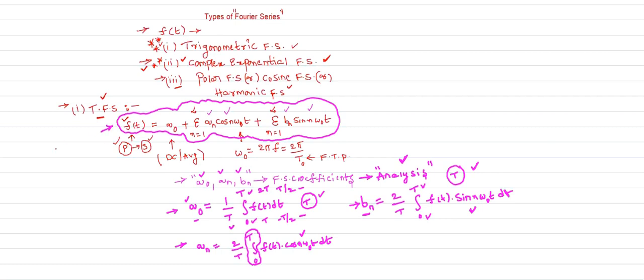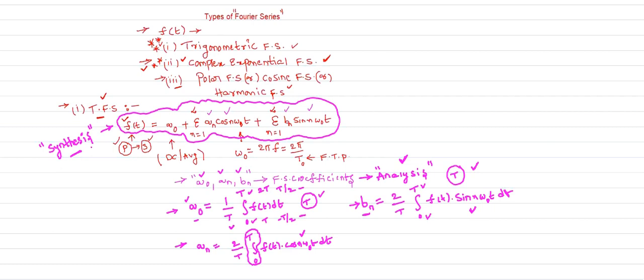Therefore we call this equation the synthesis equation. It means we represent our signal f of t in terms of the Fourier series coefficients and the frequency components. That's why this equation for f of t is called the synthesis equation.